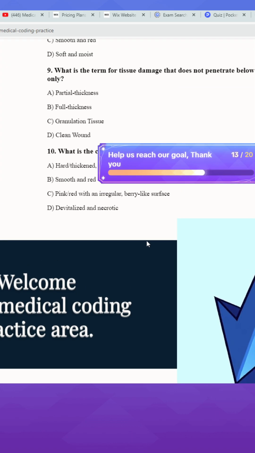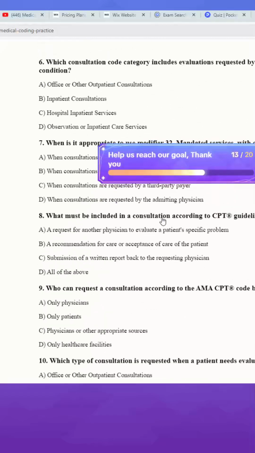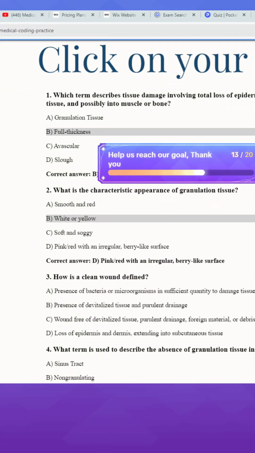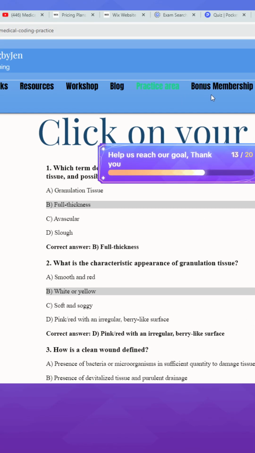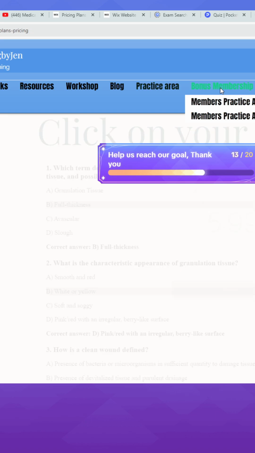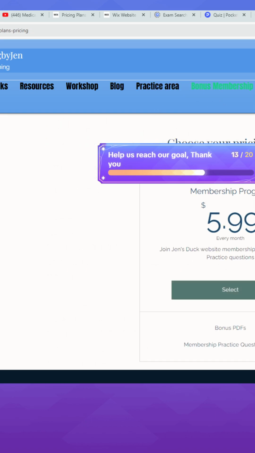It's really cool. I started a new area that I'm working on that's not completely finished, but I do have a bonus membership area that's $5.99 a month if you ever wanted to start it.